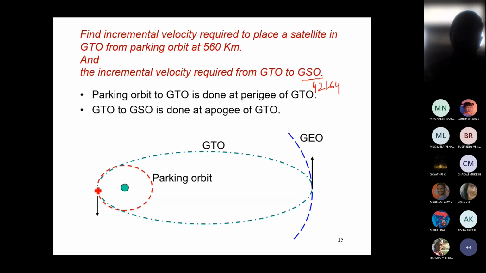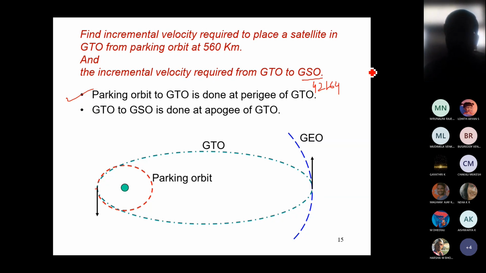By that, the velocity change happens and the orbit of the satellite changes from parking orbit to GTO orbit. That was the first stage, or stage 1, when the satellite changes from parking orbit to GTO orbit.